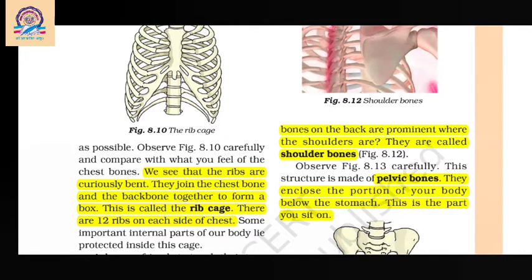The box which is made by the joining of the chest bone and backbone together is known as the rib cage. And there are a total of 12 ribs on each side of our chest. How many ribs are present? 12 ribs on each side. Is it clear, bacha party?